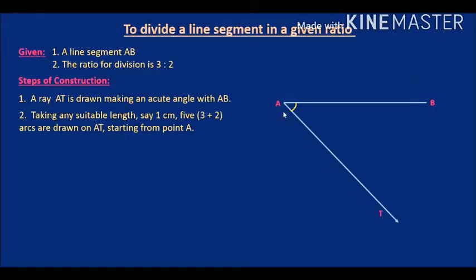So let us draw the arcs one by one, having equal length. This red arc is our first arc, starting from A, and we take a length of 1 centimeter for our convenience. Then, taking the same length, you have to draw another 4 arcs.